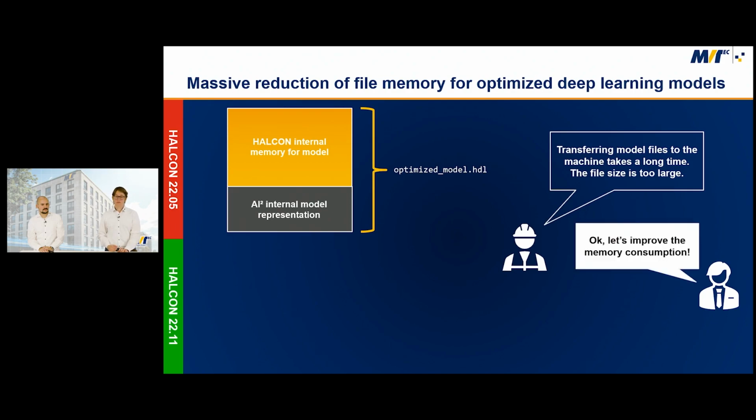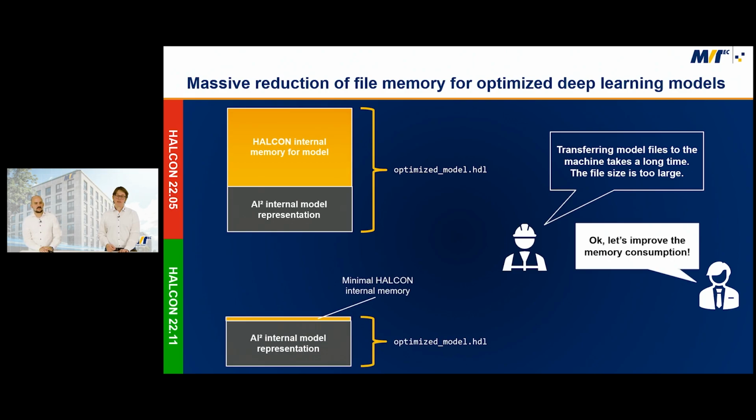So we thought about it, and we can fix that. We ended up getting rid of everything not relevant for inference, resulting in a fraction of the representation, which is Halcon internal, which we could handle. So we hope you like it.